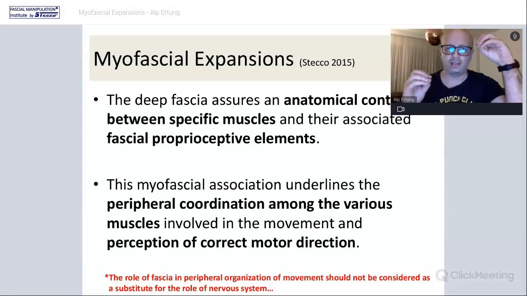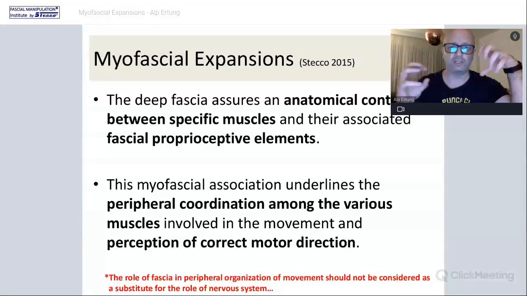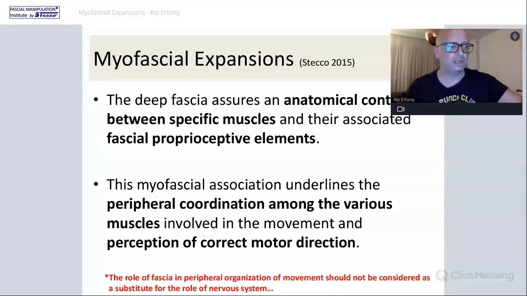The fascial system has different amounts of innervation in different parts. In the muscles as well, depending on the muscle, we have different amounts of muscle spindles, but they are all trying to support the nervous system.